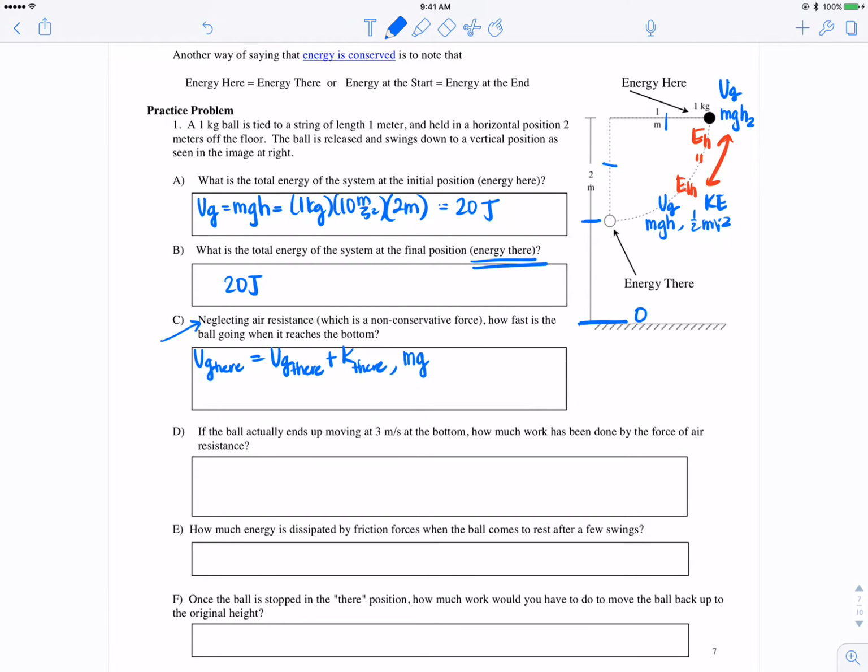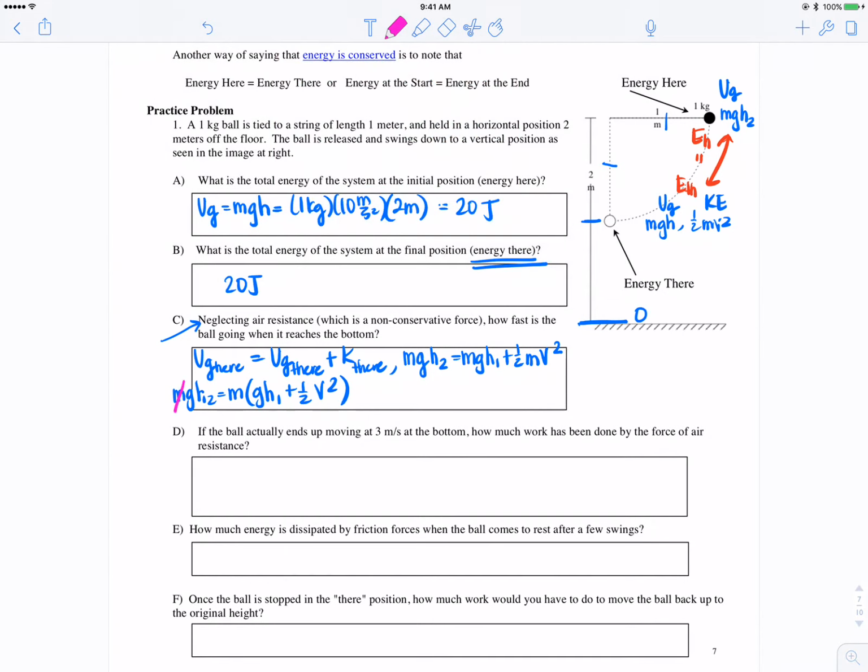Or mgh2 equals mgh1 plus 1/2 m v squared. mgh2, if we factor out an m, equals gh1 plus 1/2 v squared.